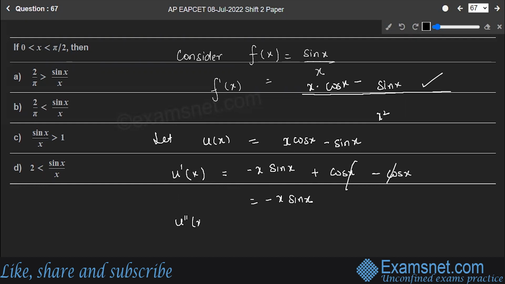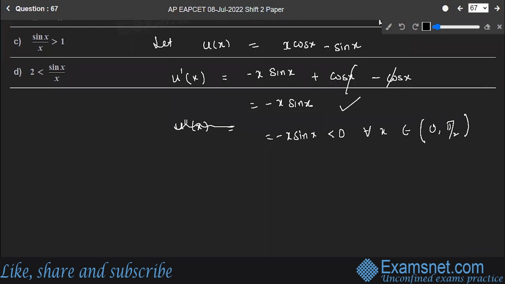Now let's go for the second derivative. Okay, I don't need to go for the second derivative. The first derivative is equal to minus x sin x, right? Now this thing is less than 0 for all x belonging to 0 to pi by 2. This gives me that, therefore, this u(x) is a decreasing function.